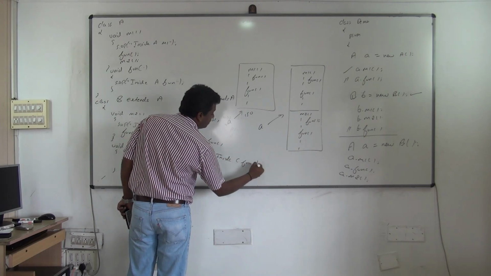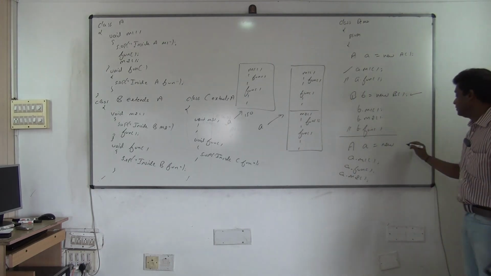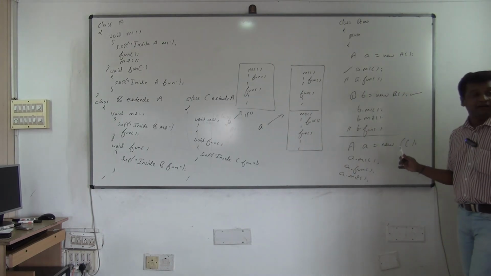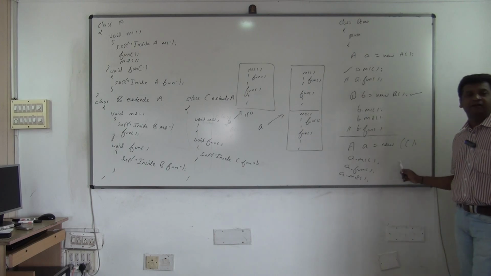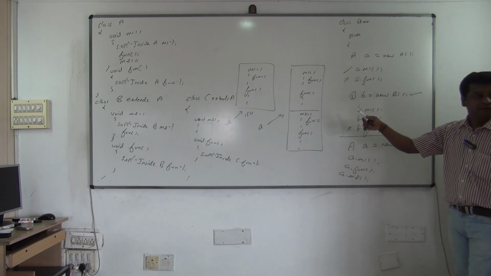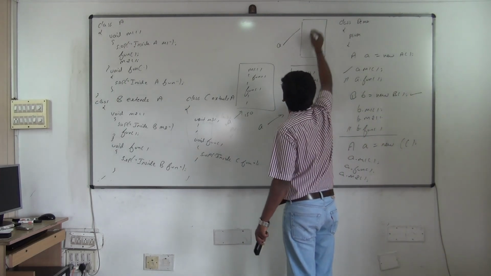This is okay. But now see, loose coupling. A is equal to new C. Which object did I create? C object. I want fun from which object to execute now? C. Perfect. A dot M1 you call. Now in the C object what's happening? What are the members of C?